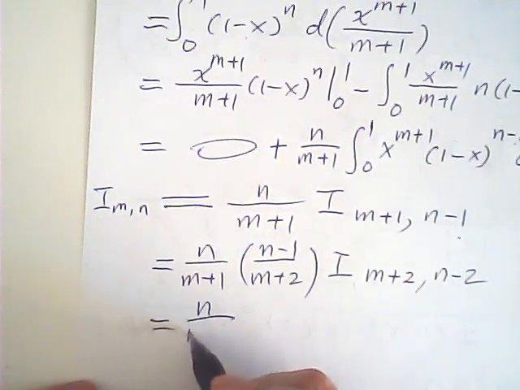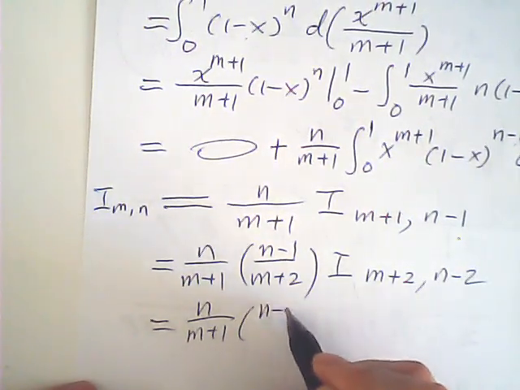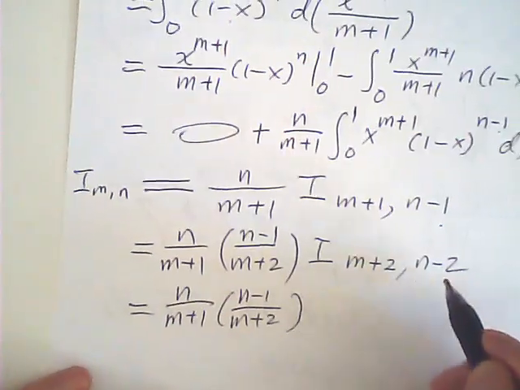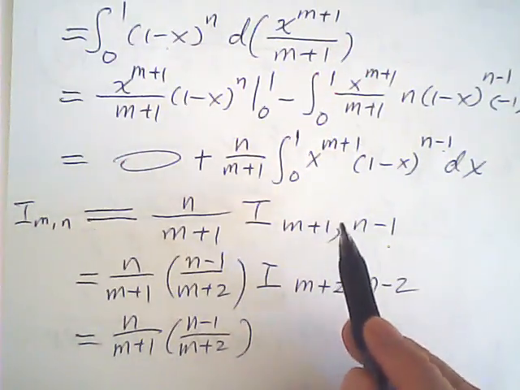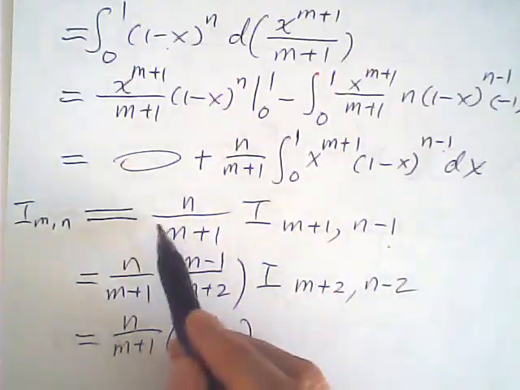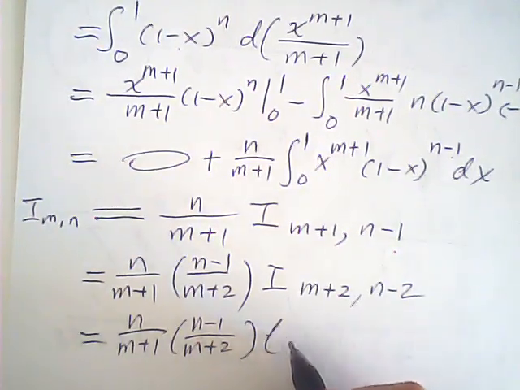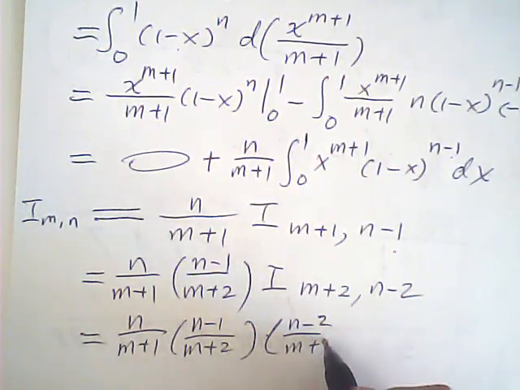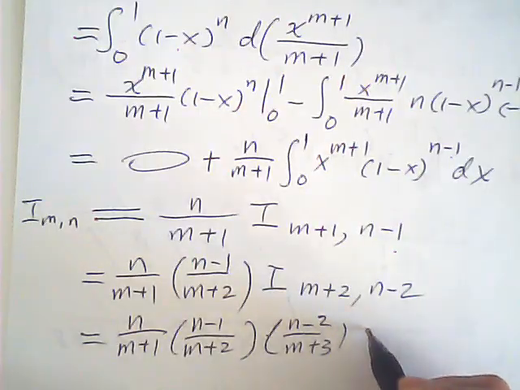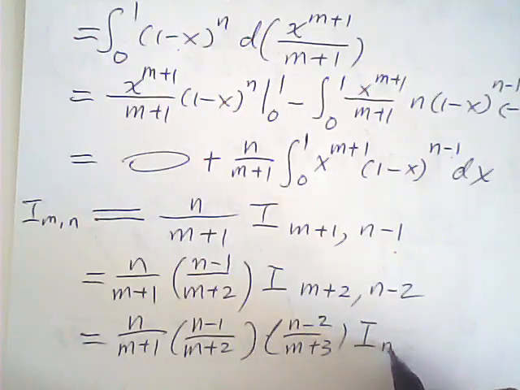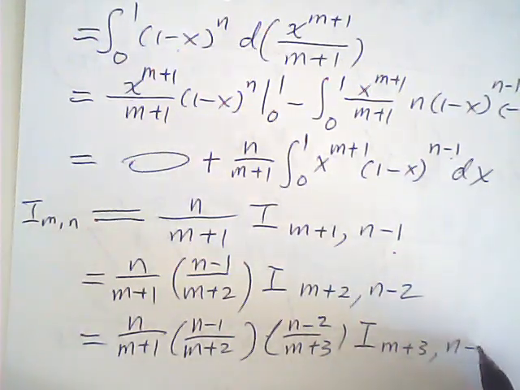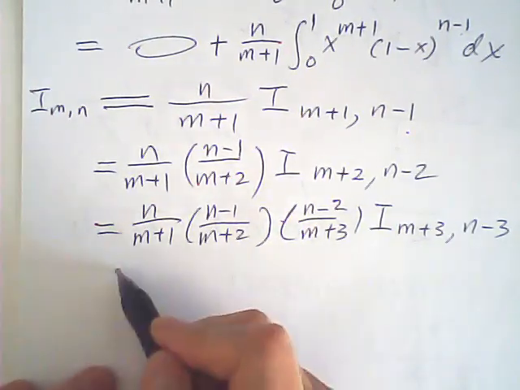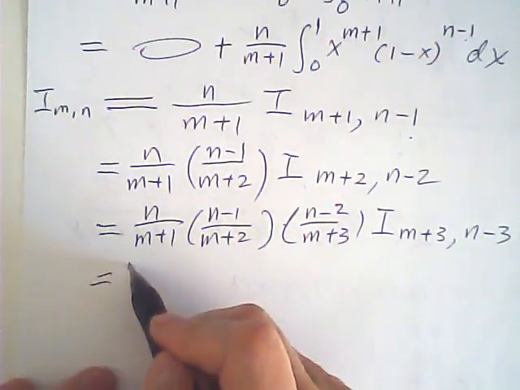This is m plus 1, n minus 1, m plus 2. Now repeat using this formula. So this will be n minus 2, m plus 3, and I sub m+3, n-3. Well, then repeat the formula again.